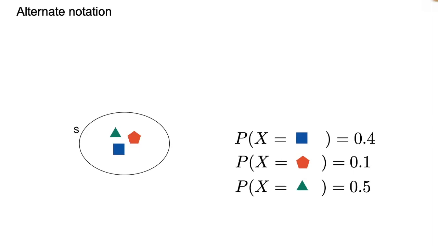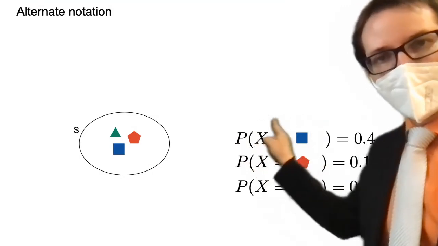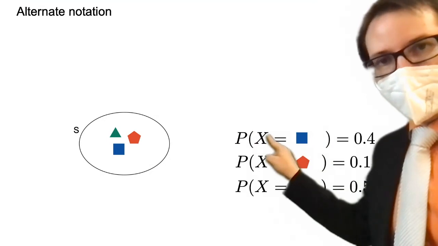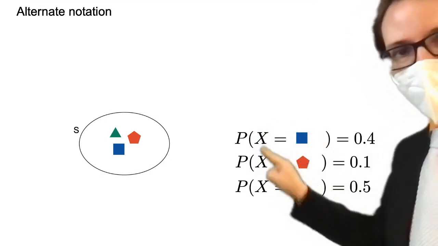The probability that big X is the blue square, the probability that big X is the pentagon, and so on. And actually, that makes a lot of sense this way as well. Because what is this? That's an event. This here is just the subset of omega such that X of small omega is the blue square. So this is why this notation is fine too.